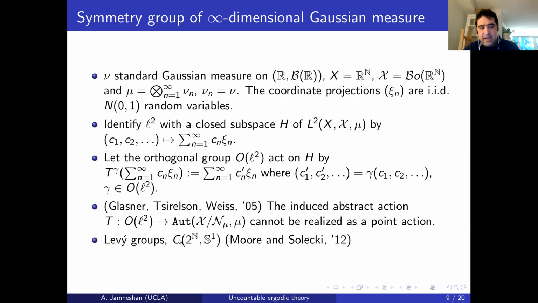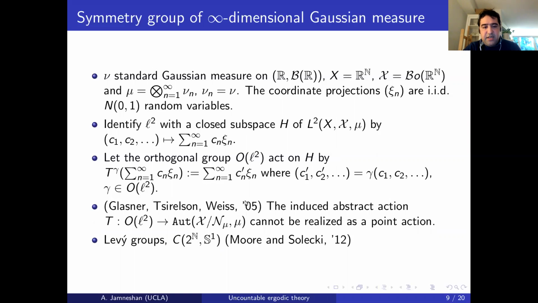In fact, it is an action of the associated measure algebra, and it's called the symmetry group of the Gaussian measure. This action cannot be realized as a point action. Actually, this fails quite dramatically, in the sense that any pointwise action on that probability space must be trivial.